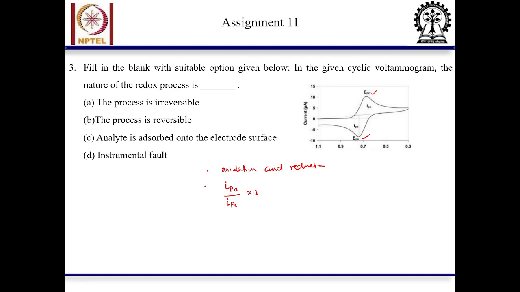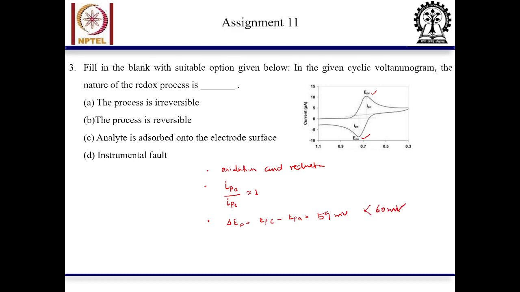We have to see whether these two are close. Third, delta EP, basically EPC minus EPA. Ideally it should be 59 millivolt, but because we have some uncompensated resistance, it should not be more than, it should be less than 60 millivolt.